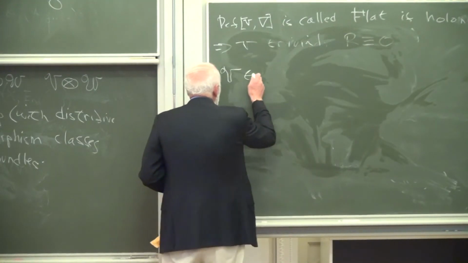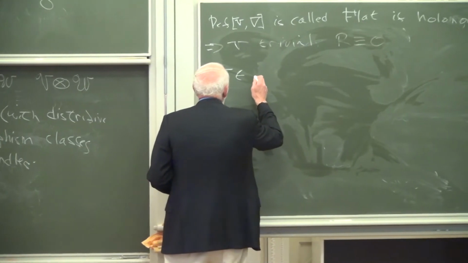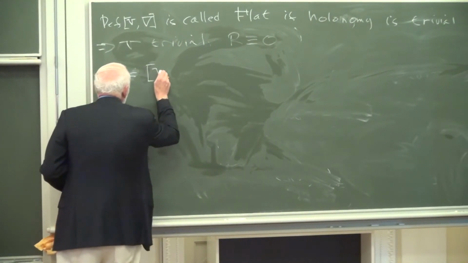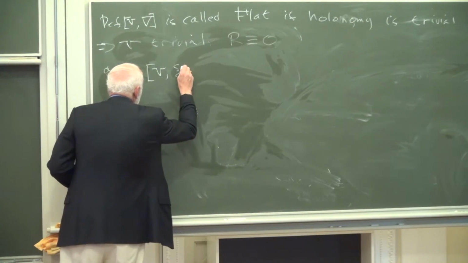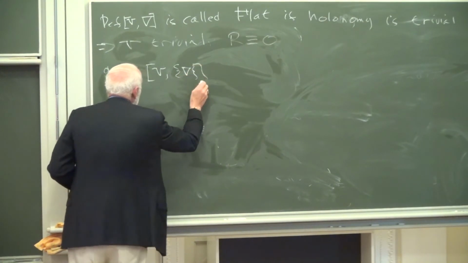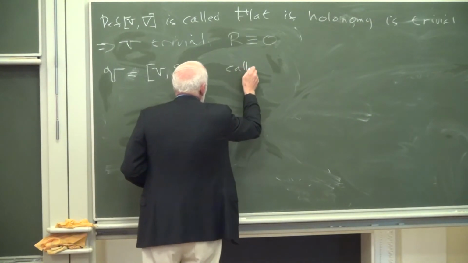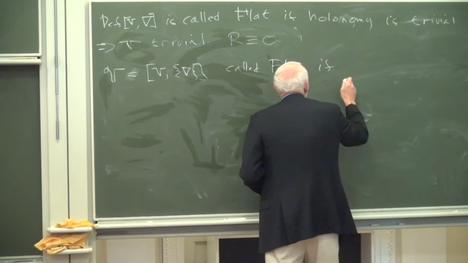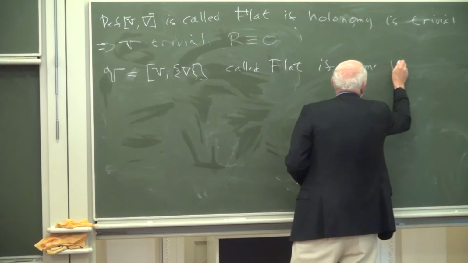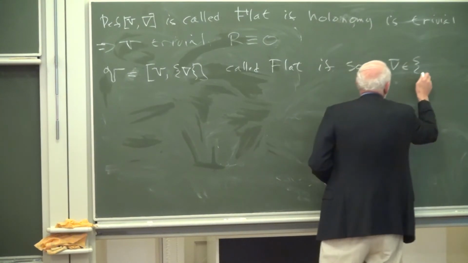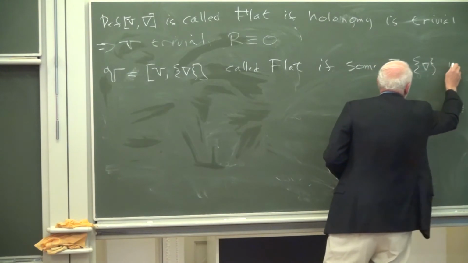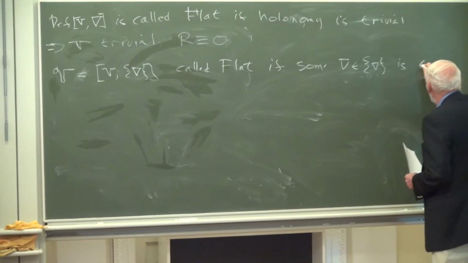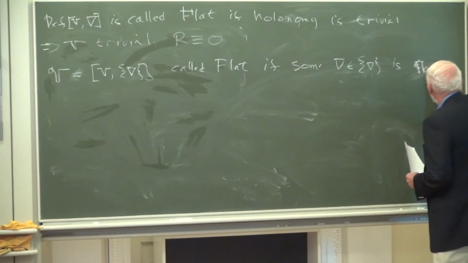And so we'll call V contained in Struct, let's say V represented by a bundle V and a family here, we'll call that flat if some connection contained in here is flat.